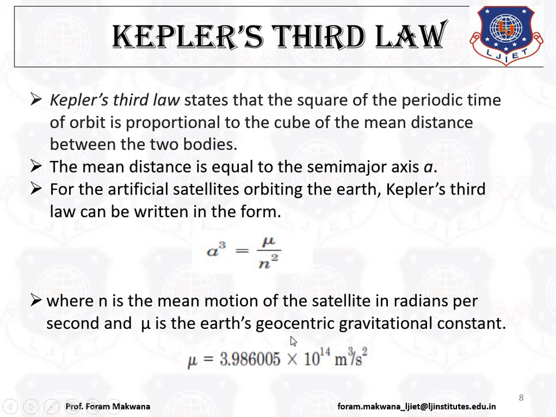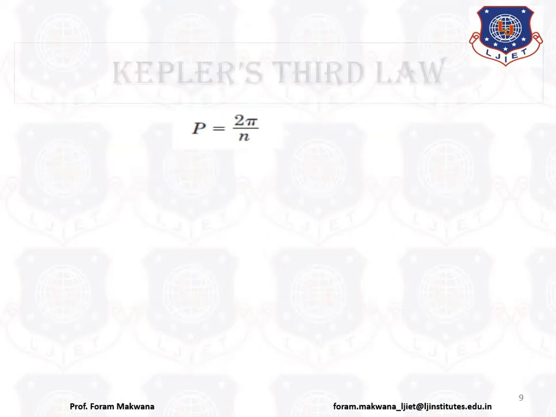That mu is the Earth's geocentric gravitational constant. Its value is represented as 3.986 into 10 raised to 14 meter cube per second square.